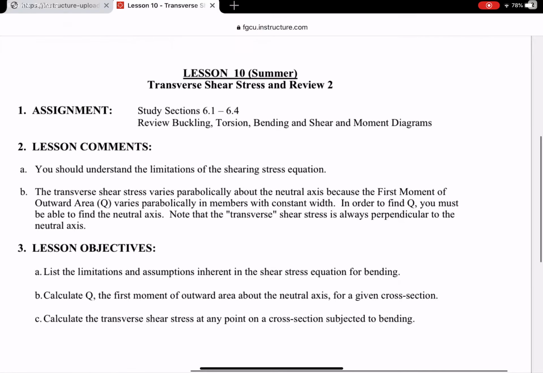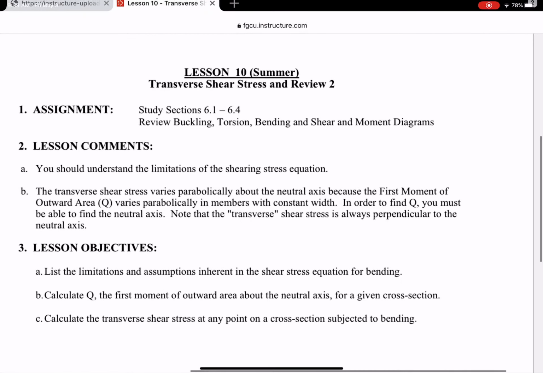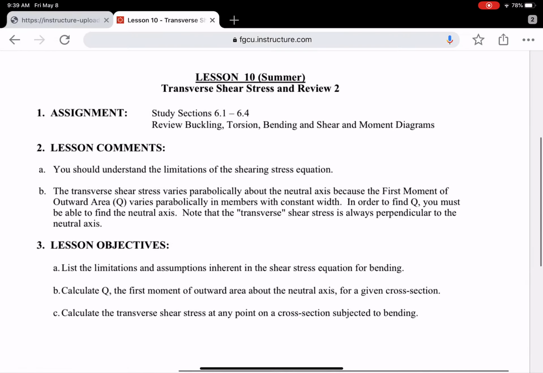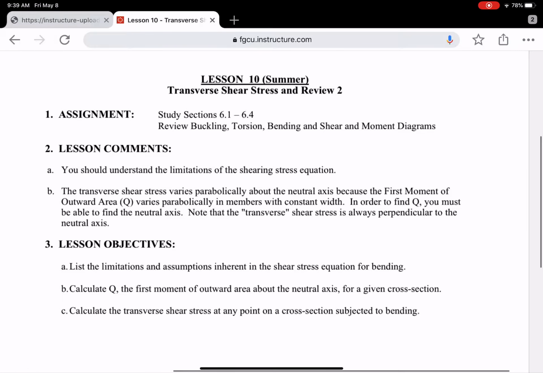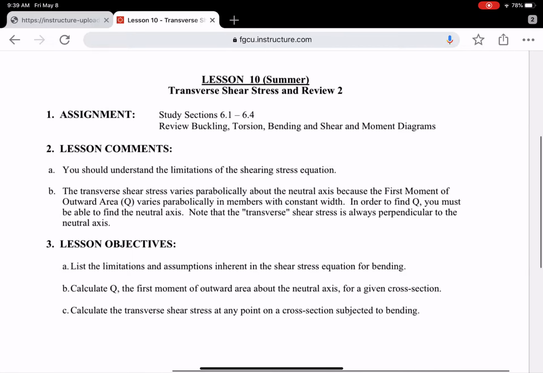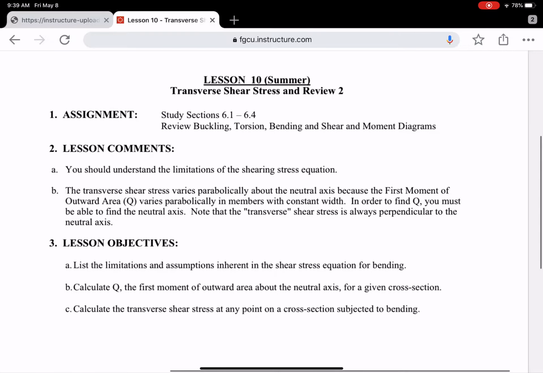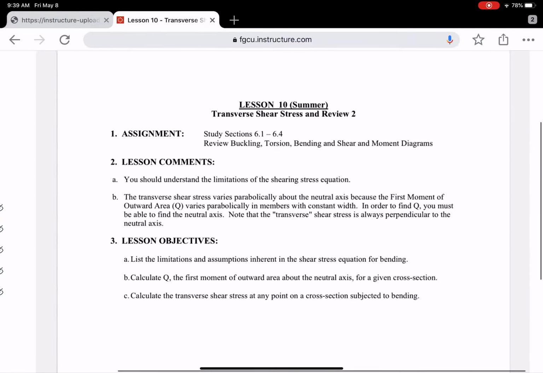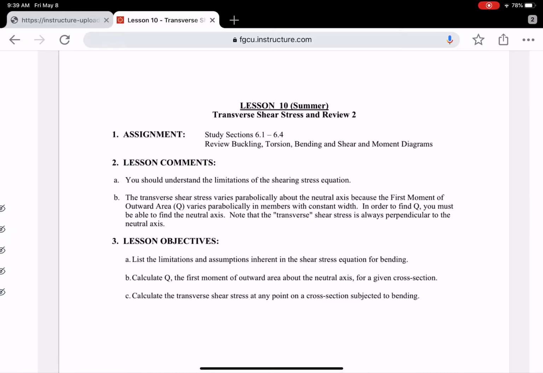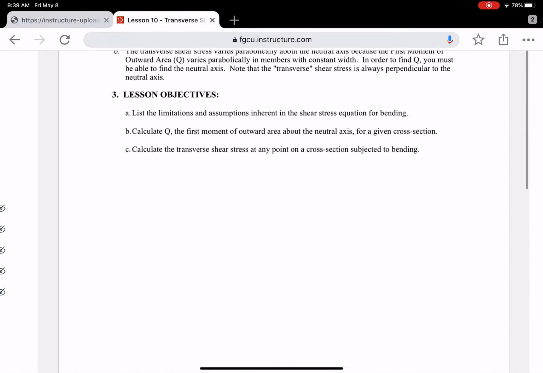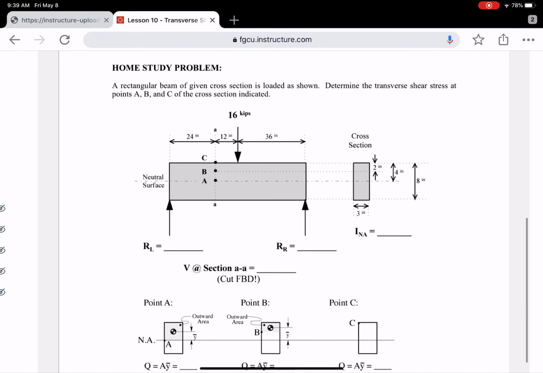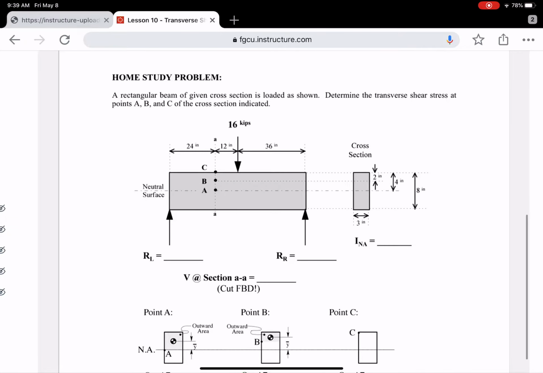You should understand the limitations of the shear stress equation with the four assumptions, that the transverse shear stress varies parabolically about the neutral axis, and that you need to know the location of the neutral axis before we can start. Similar to other problems, we also have the home study problem, which is very important.